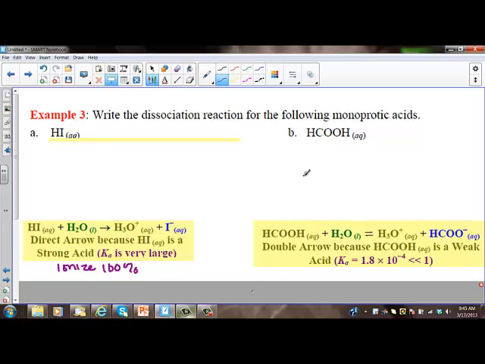Where acetic acid is a weak acid, it's going to barely ionize, which I'll talk about on the next page. We need a double arrow because this is going to keep going back and forth. And because it's a very weak acid, the Ka is going to be extremely, extremely small, a lot less than 1.